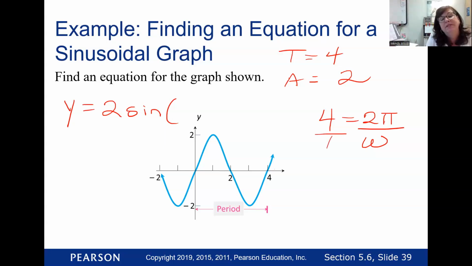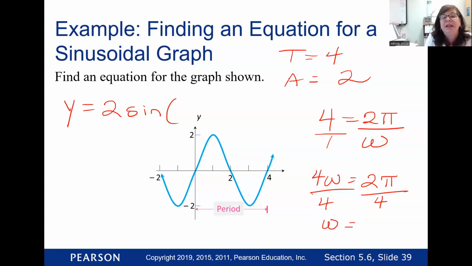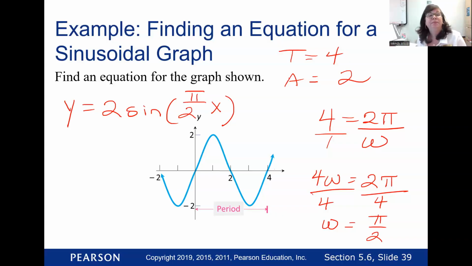So 4 times omega equals 2 pi times 1, which is 2 pi. Divide both sides by 4, and we get that omega equals pi over 2. So this would be y equals 2 sine pi over 2 x. We were not picked up and moved up or down, so that is your equation.